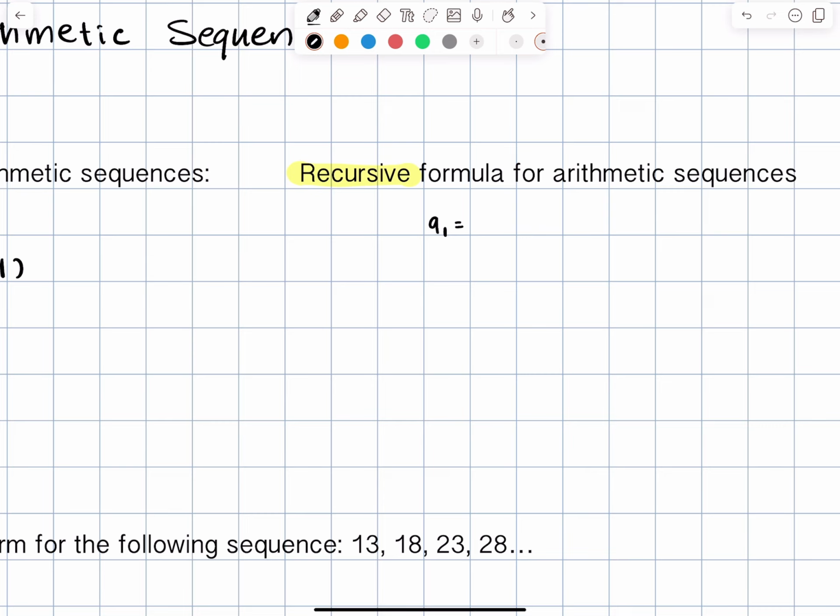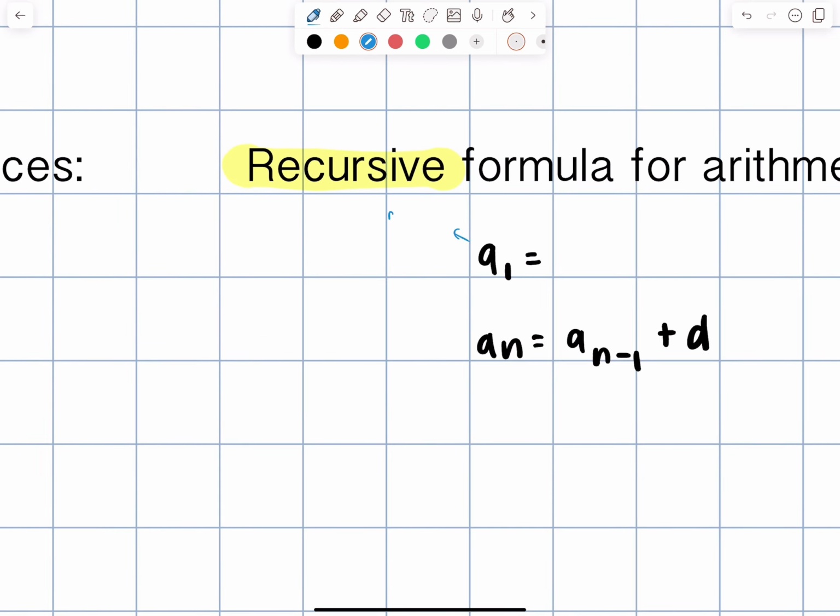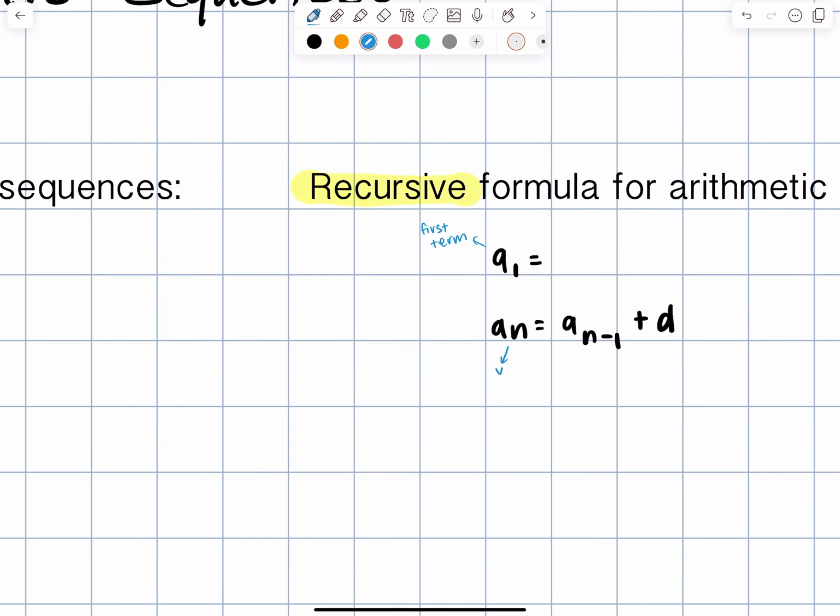And then for your second part, you have a sub n equals a sub n minus 1 (this whole thing is in a subscript) plus d. So going over what these terms are, a sub 1 is your first term. A sub n is your y, your current term. A sub n minus 1 is your previous term. And d, again, is your common difference or your slope.